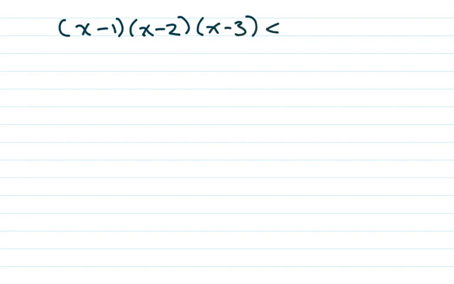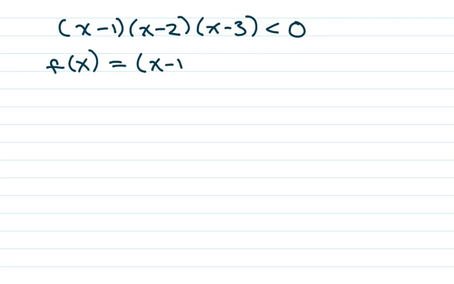Okay, the next one we had was, let me get over here. We have 3 solutions basically. So it's x minus 1 times x minus 2 times x minus 3 is negative. And you're going to go ahead and set your function.